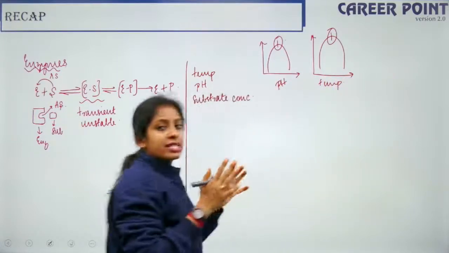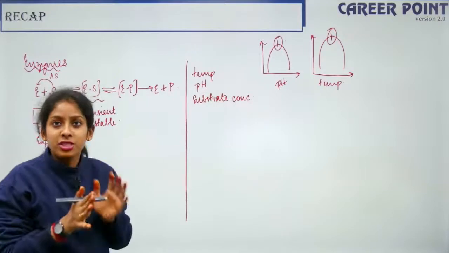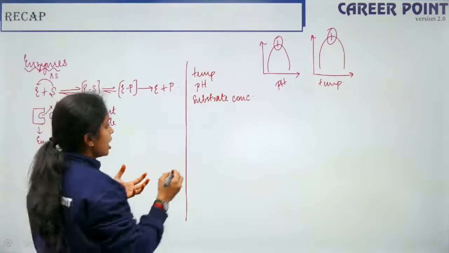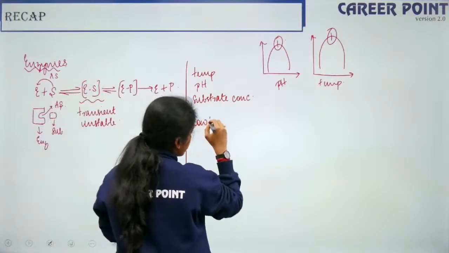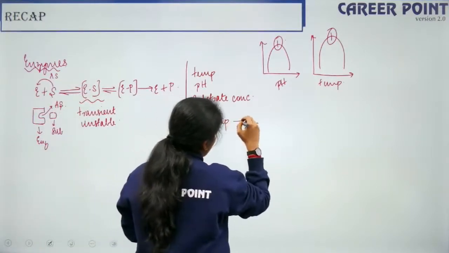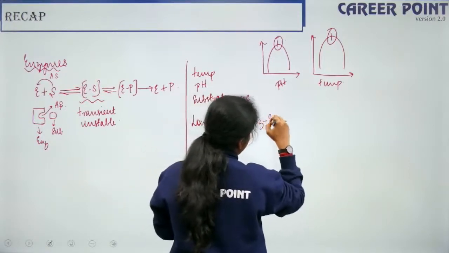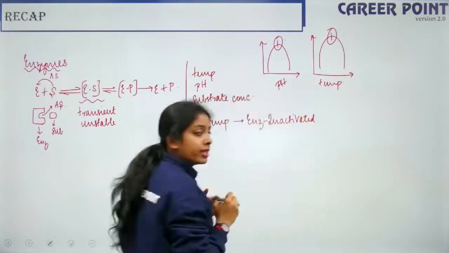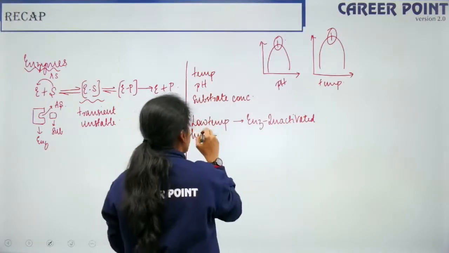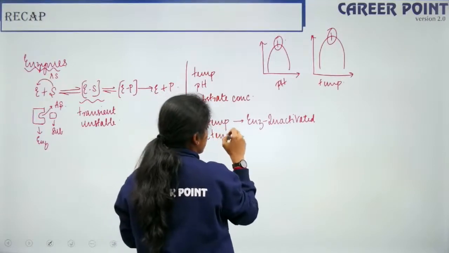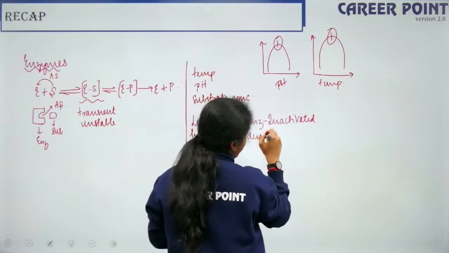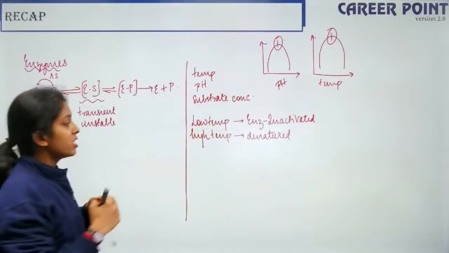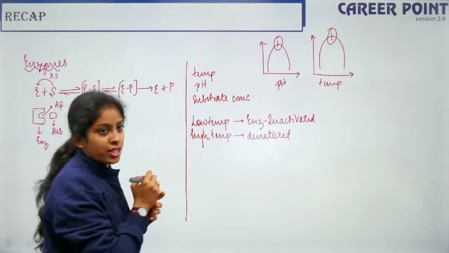For example, if the optimum temperature is 37 degrees and I bring the temperature lower than 37 degrees, at lower temperatures the enzymes get inactivated temporarily. At high temperatures they are denatured. Fine, clear?